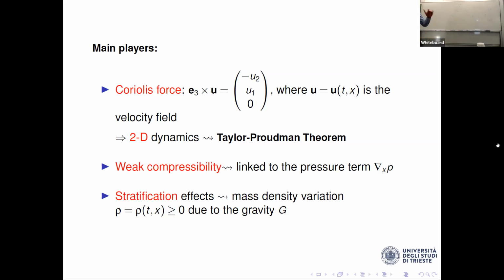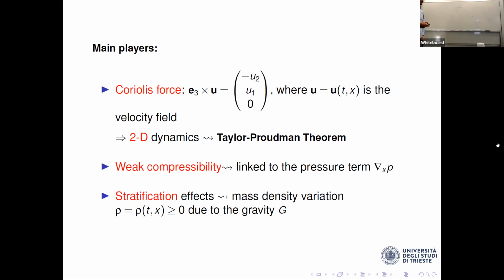That means that the dynamics of the fluid is two-dimensional and takes place on horizontal planes that are orthogonal with respect to the vertical axis. In this picture, I can draw my horizontal plane, and this horizontal plane is orthogonal with respect to the vertical axis x3. This is the so-called Taylor-Proudman theorem, and we will see this result also in the main statement.